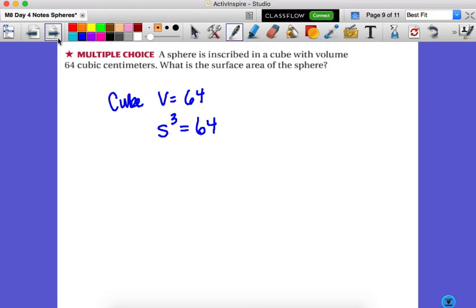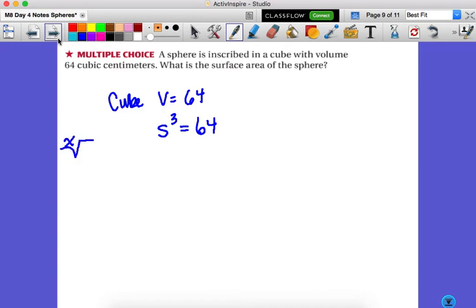So this is where we need to be able to take a cube root in our calculator. And we haven't done that yet in this class. So depending on what type of calculator you have, if you have a TI-84, you may be able to click the math button and find the cube root. But for any other root higher than 3, you're going to have to do it the same way that we're going to do this. So we're going to type 3 into our calculator, and we're going to hit second, and there is a square root button that looks like this.